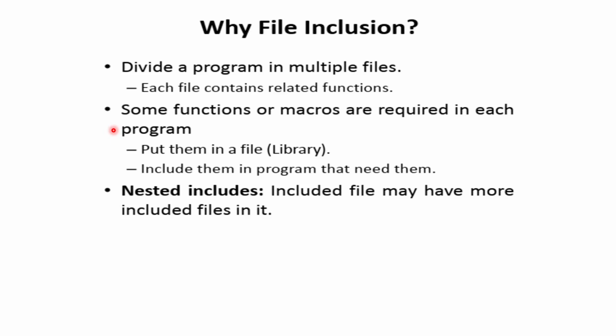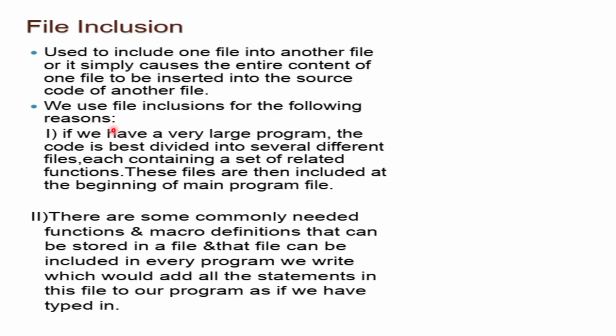And the example that I just told you in the previous slide is written over here. So I hope you have understood what file inclusion means. You see, file inclusion is used to include one file into another file, or it simply causes the entire content of one file to be inserted into the source code of another file, and that is the only purpose.